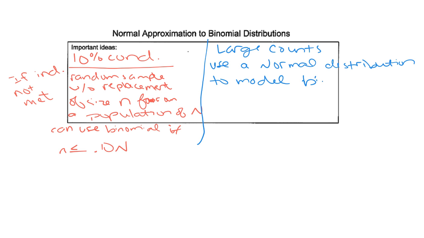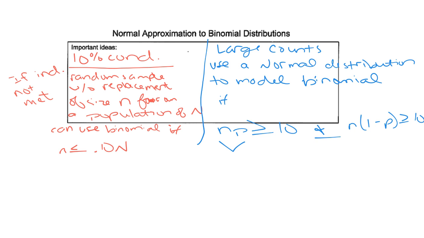But if I've met my large counts, I don't need to draw that histogram. I can just assume a normal distribution if n times p is greater than or equal to 10, and remember, it's got to be both, n times (1 minus p) is greater than or equal to 10. You need to show your work for both of them, right? This is my expected number of successes.